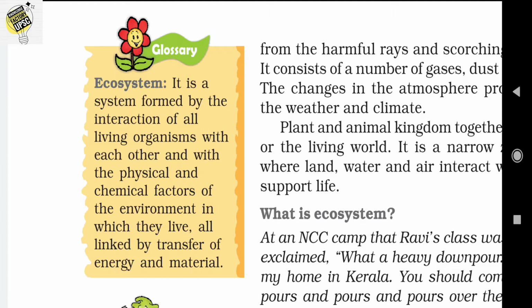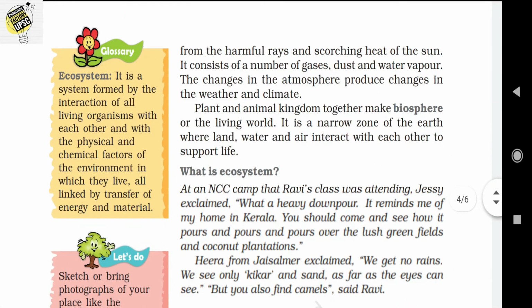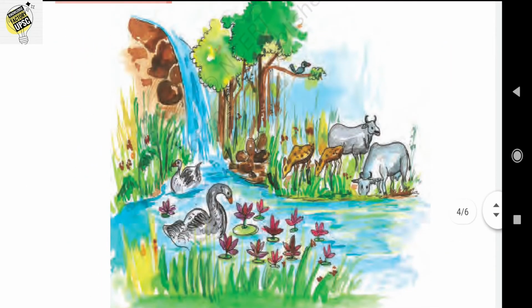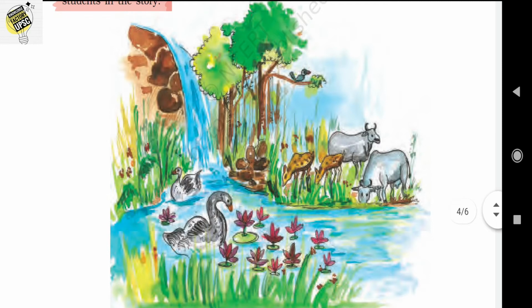That means all the living organisms are interacting with each other and with their physical and chemical factors, and they are all linked together by the transfer of energy and material. This system came to be known as ecosystem. So it is a simple concept. We can see a good example of an ecosystem in this picture, which includes hydrosphere, such as the part of the waterfall.